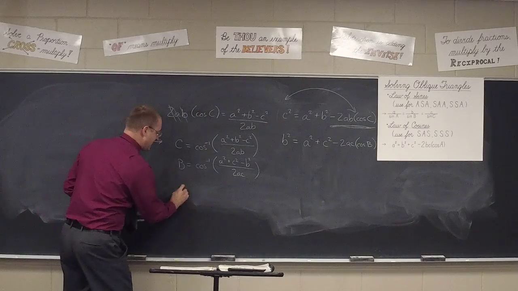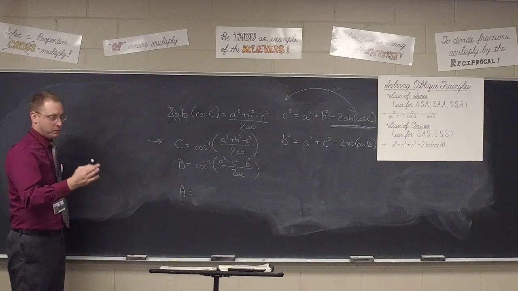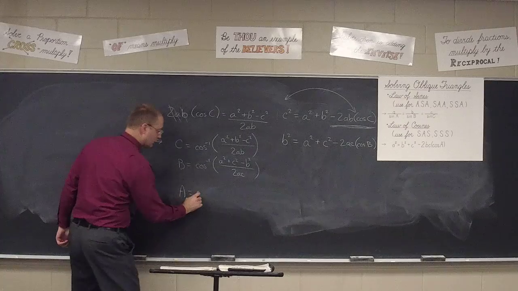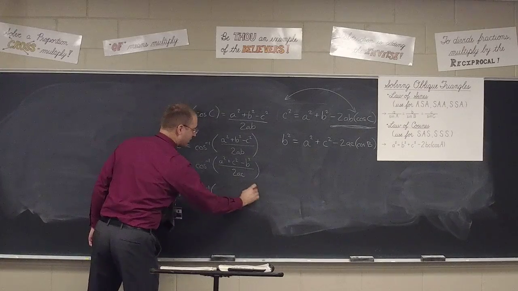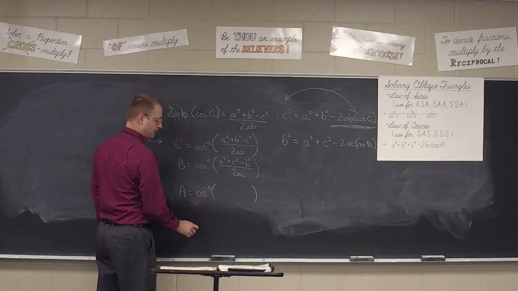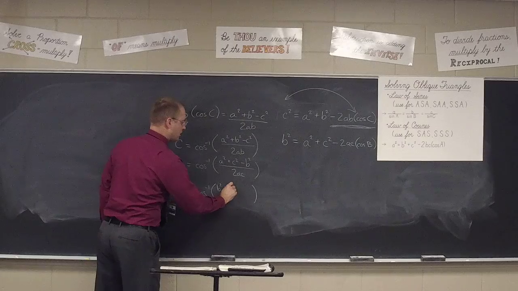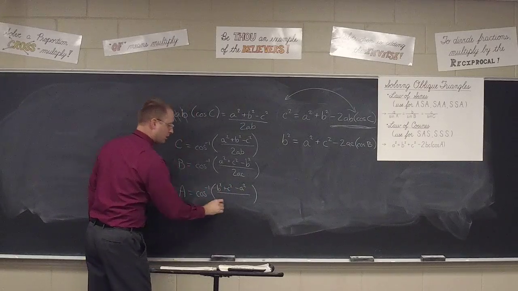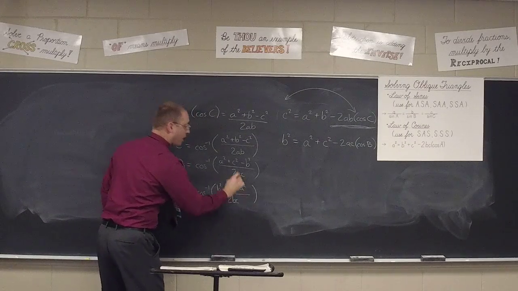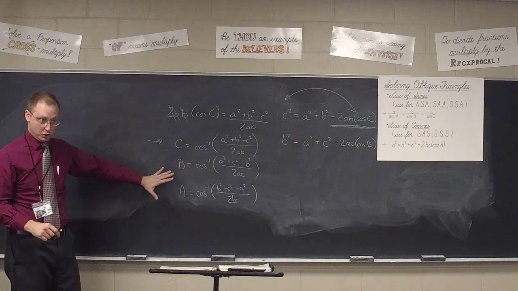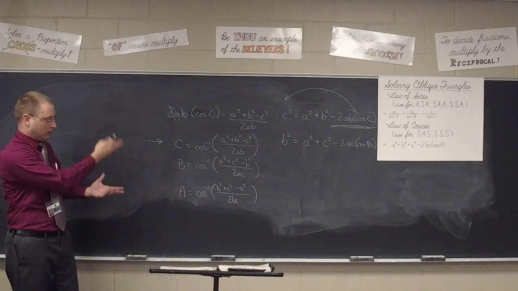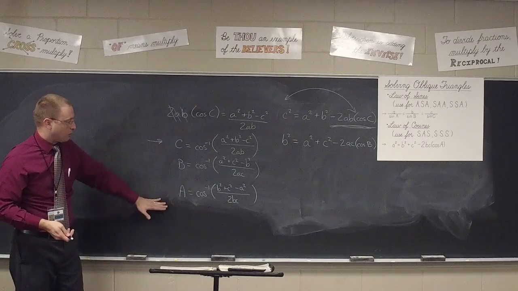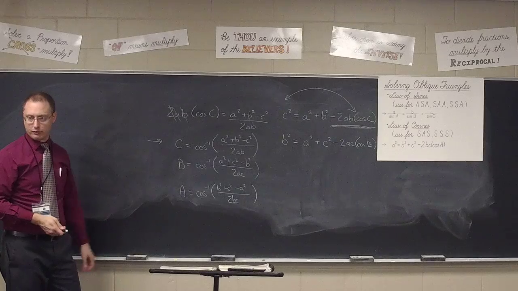So if I said a equals, what would it look like, Quentin? Cosine of b squared plus c squared minus a squared all over 2bc. There we go. And if you can memorize the pattern to it, that'll get you whatever letter you want. These are what we're going to use most of the time, frankly, in law of cosines.